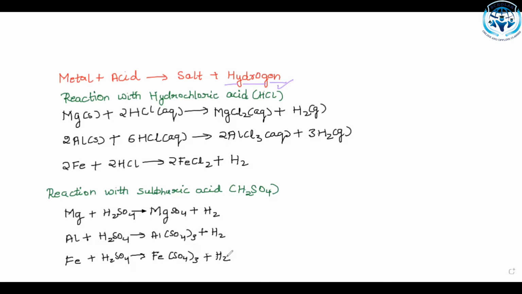Now copper. Copper reacts with sulfuric acid to form copper sulfate and hydrogen. The reaction occurs vigorously on warming the test tube.